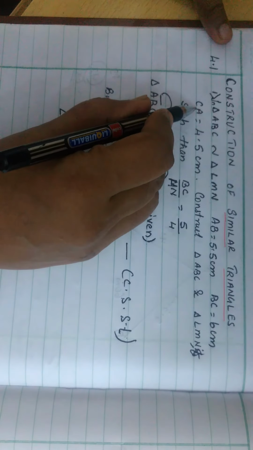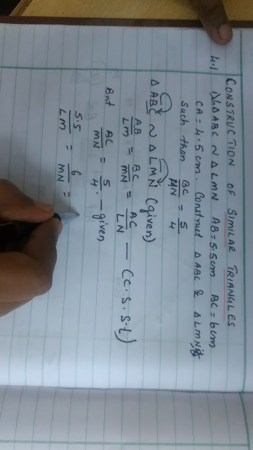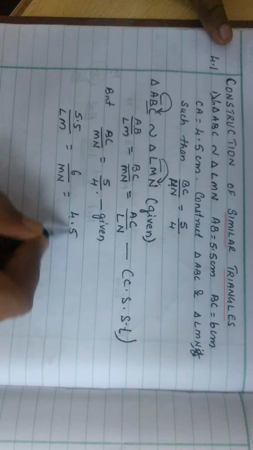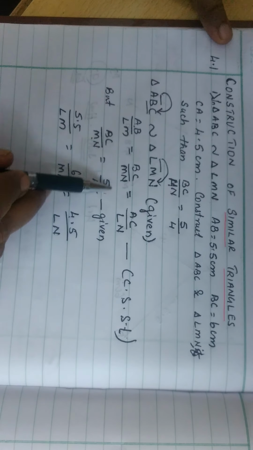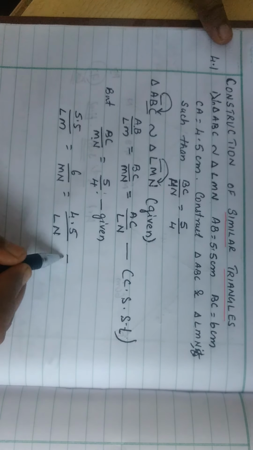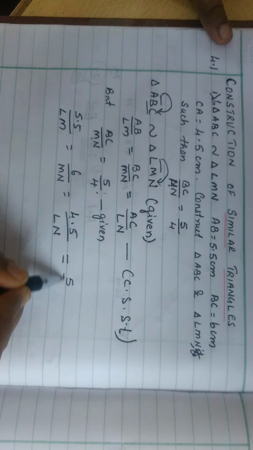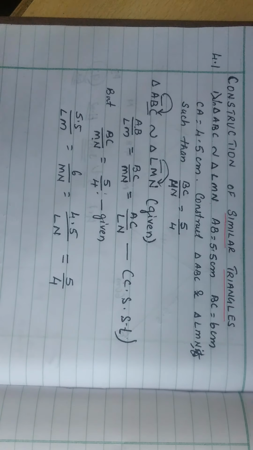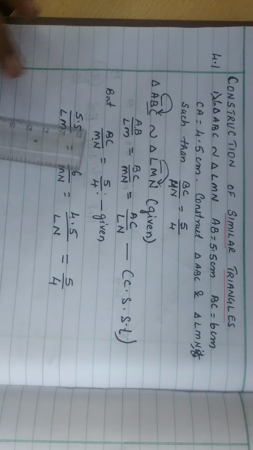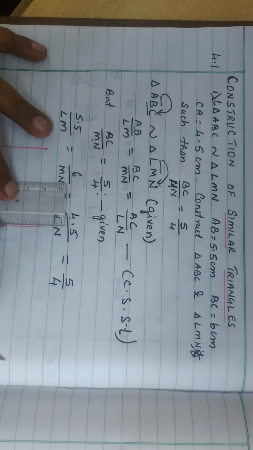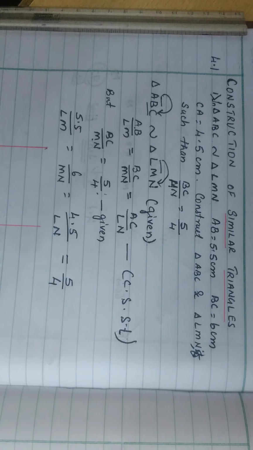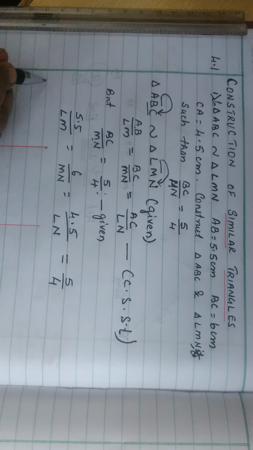Then you see AC is given, 4.5 upon LN. Because BC upon MN is given as 5 upon 4, we can write it equal to 5 upon 4. Now we have to calculate it. We have to find out LM, MN and LN separately. Take one by one.